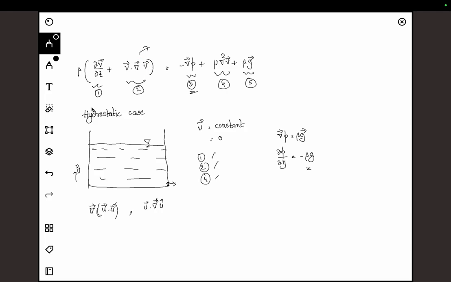So if I write it in a form where p will come on the other side, the g bar I'll write as g y, and then you have the u square term that I was referring to before.